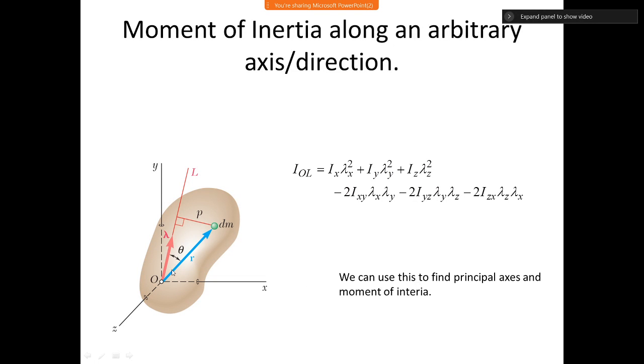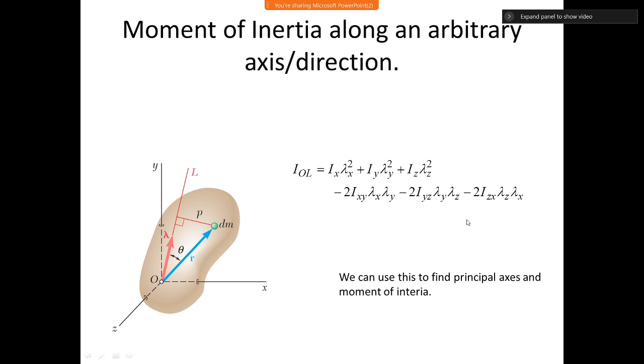if we have the moment of inertia about any arbitrary axis in 3D, so if I know I about x, I about y, I about z for a body, and I want to find it about an arbitrary axis lambda vector with components lambda x, lambda y, lambda z, then this is the expression.